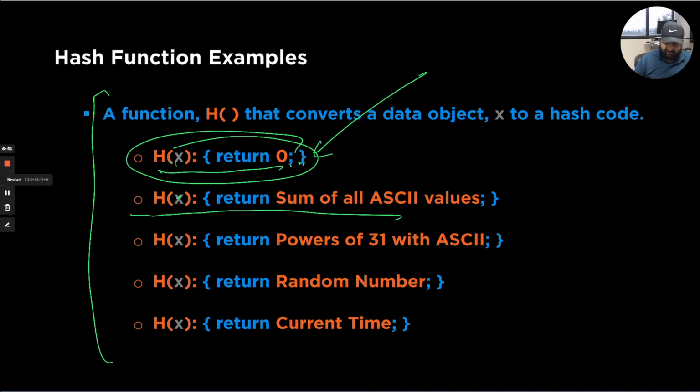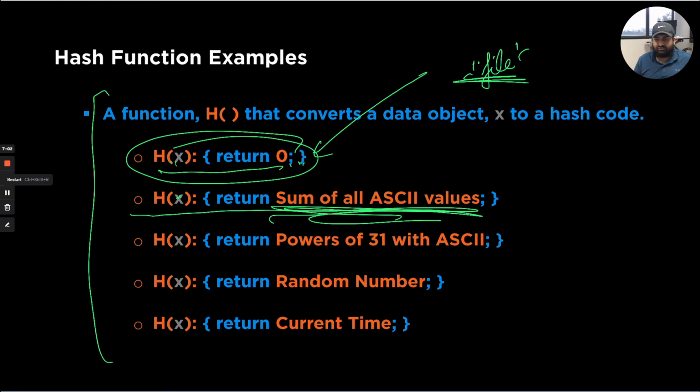Let's say it is a file: within the hashing function, you might have all the characters of a file and you're using the same function, which is the sum of ASCII values of all the characters in a file. So if we had ABC passed into this function, it would just sum up the values 97, 98 and 99 and return a value.